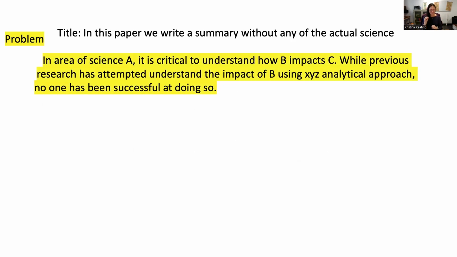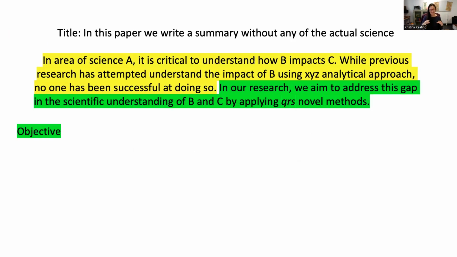In the area of science A, it is critical to understand how B impacts C. While previous research has attempted to understand the impact of B using XYZ analytical approaches, no one has been successful at doing so, right? So we have stated what the big context for our research is, and we have stated here what is missing from the body of scientific knowledge.